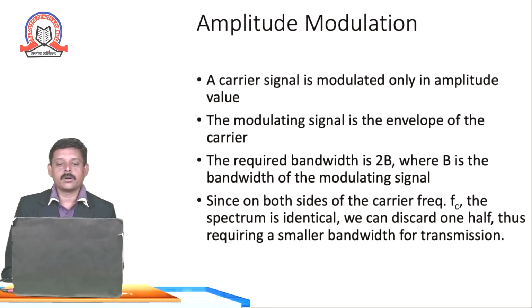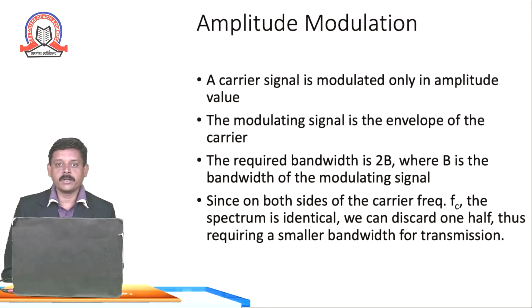The signal or data is put into that modulation, and the required bandwidth is 2B, where B is the bandwidth of the modulating signal. Since on both sides of the carrier frequency fc the spectrum is identical, we can discard one half, thus requiring a smaller bandwidth for the transmission.